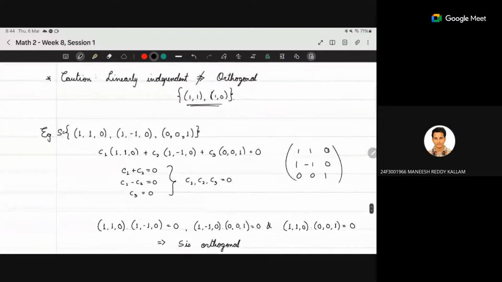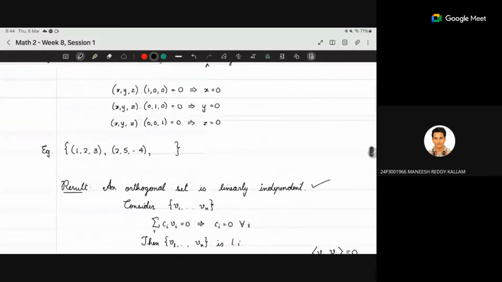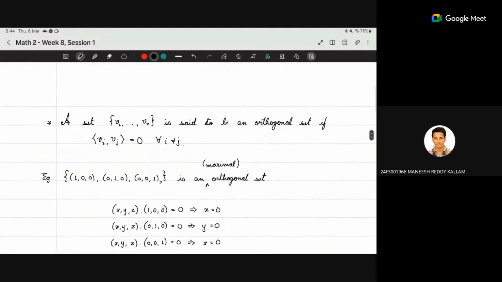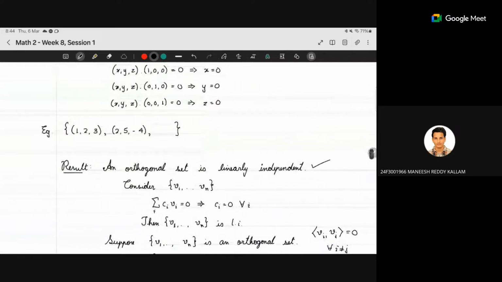So let's go back to the examples. The most trivial orthogonal set that we saw, is this an orthonormal set? Yes, orthonormal also. But the other orthogonal set that we had seen is not an orthonormal set, correct?